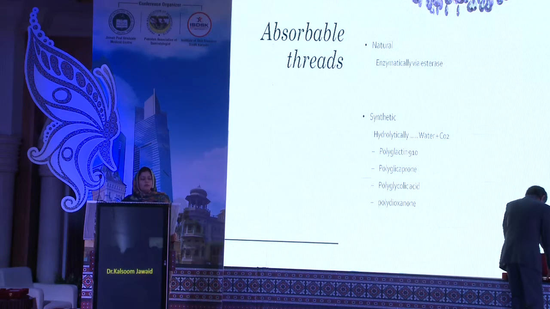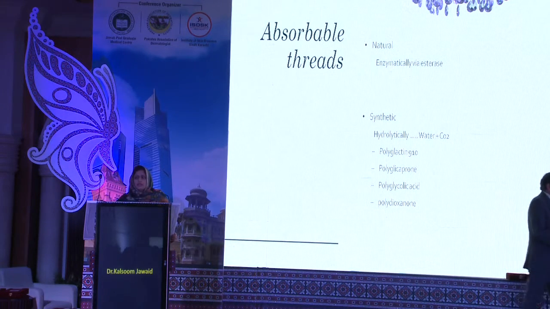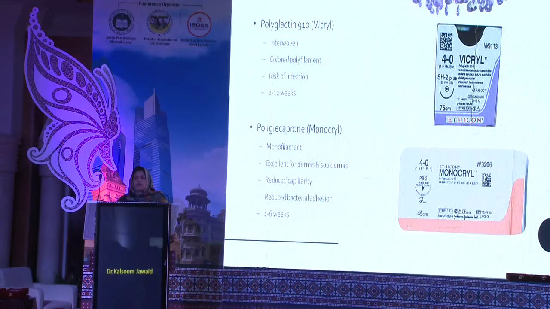Then we move towards absorbable threads, which have practical implications in our aesthetic dermatology. The natural ones get absorbed enzymatically, and synthetic ones by hydrolytic processes. Starting with each of them: Polyglactin 910, which comes with the name of Vicryl.